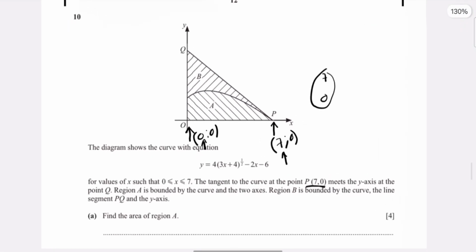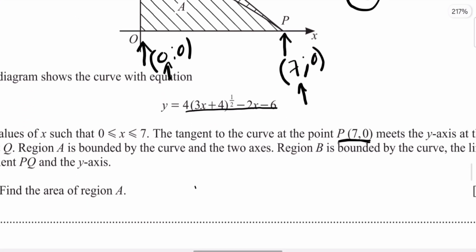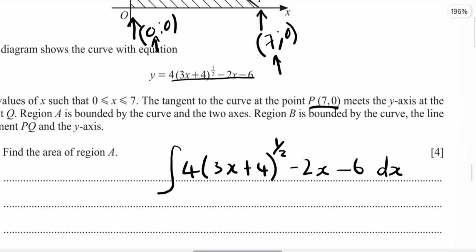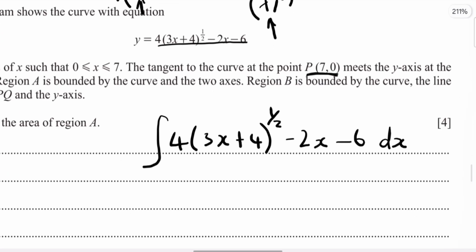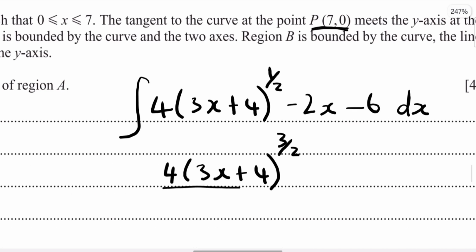and to get that area we're just going to integrate this with respect to x. So that will be the integral of 4 times (3x plus 4) to the power half, minus 2x, minus 6, dx. Integrating this, we write it as it is, then we add 1 to the power, that will be 3 over 2, then we divide by the new power and multiply by the derivative of the bracket.